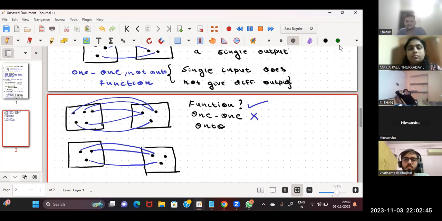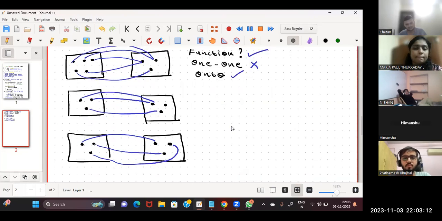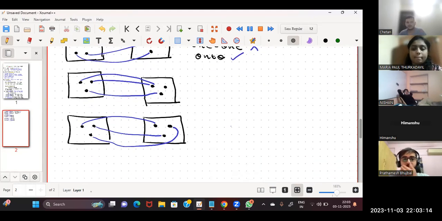Jagdish says yes. It is an onto function. Jagdish, can you tell me why it is an onto function? All outputs have inputs. Correct. That is true. So all the balls in the second box are mapped to some ball in the first box. And that is all I need for onto functions.